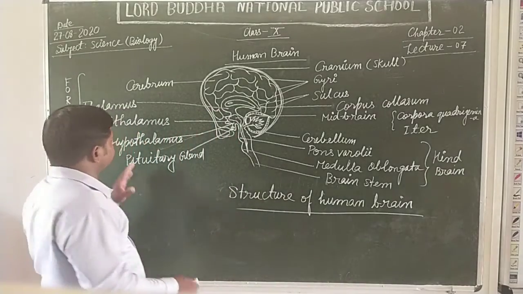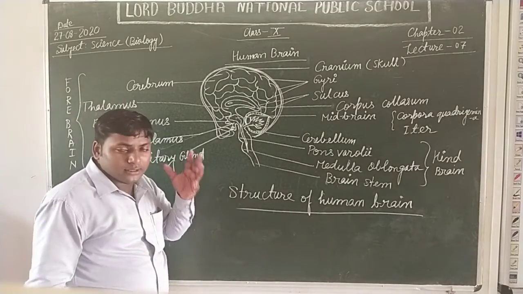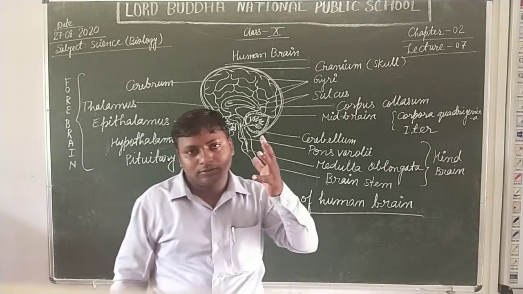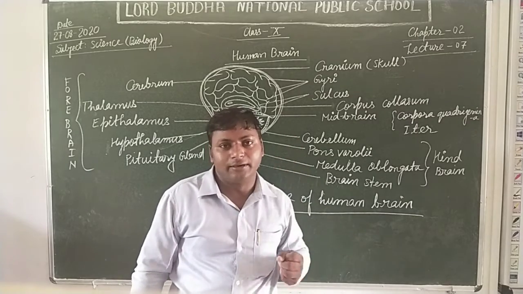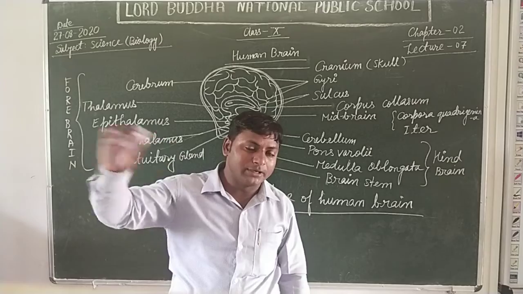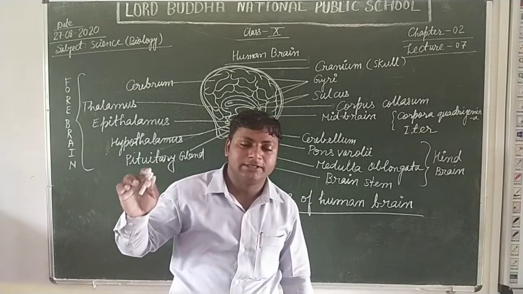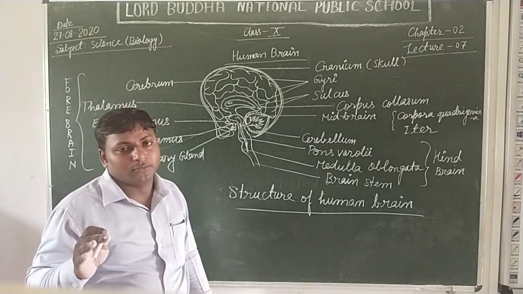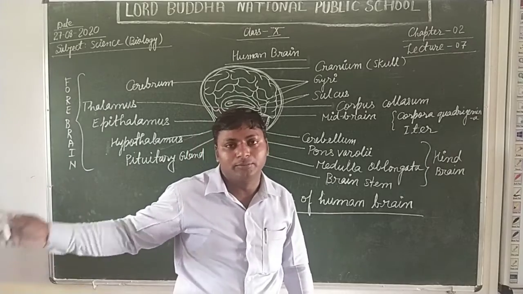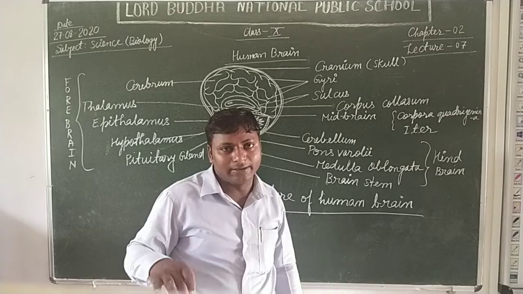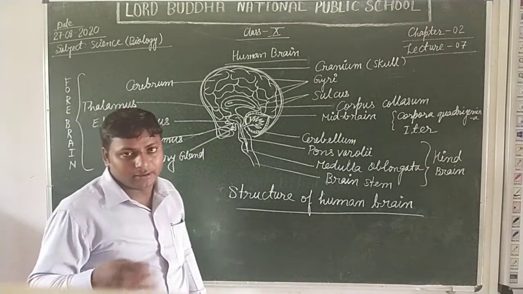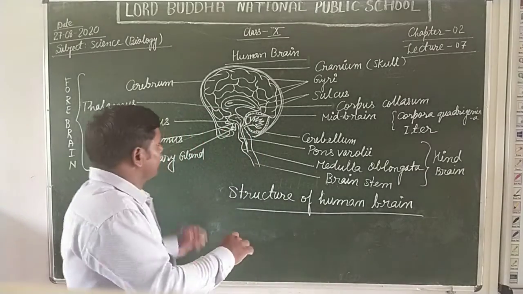Yes students, mainly the left cerebral hemisphere of the human is dominant. That's why most of the functions are performed with the right half of the body, such as writing with the right hand, eating with the right hand, and like other activities they perform.